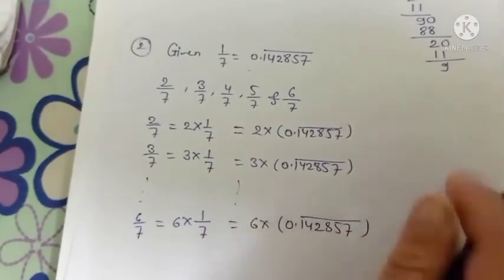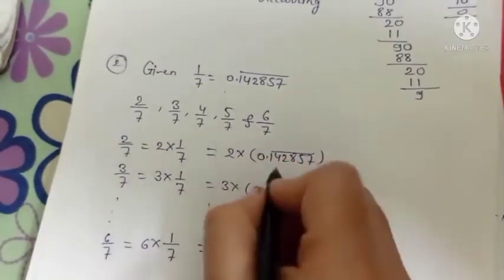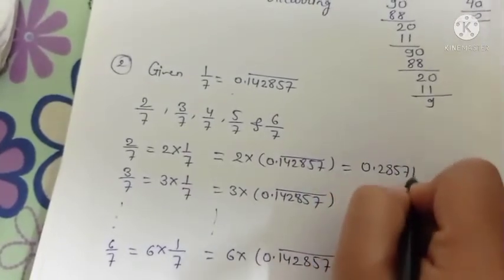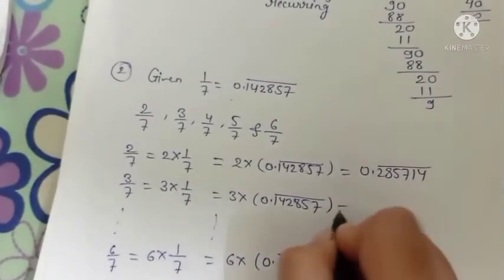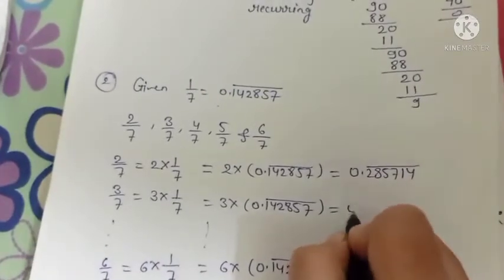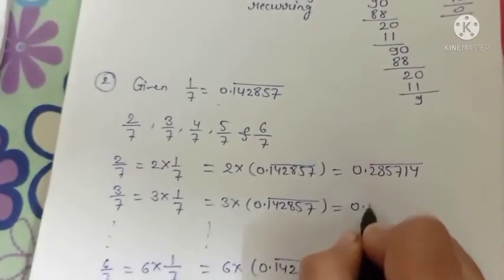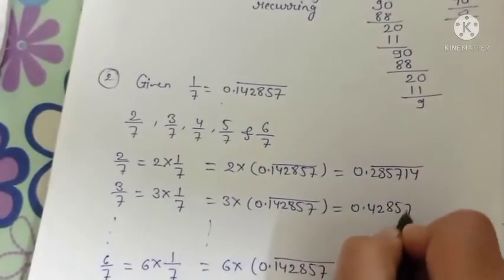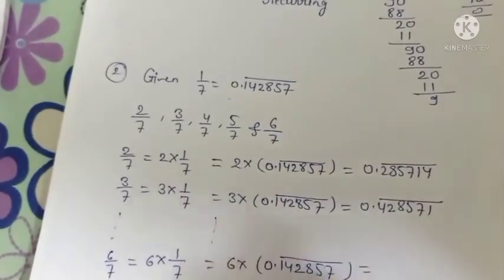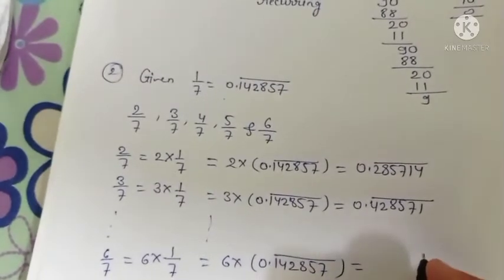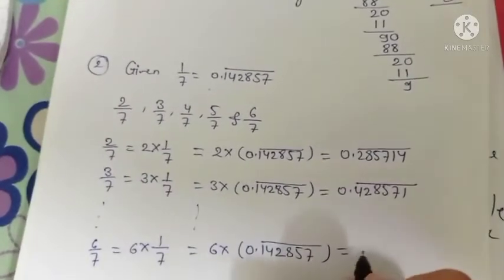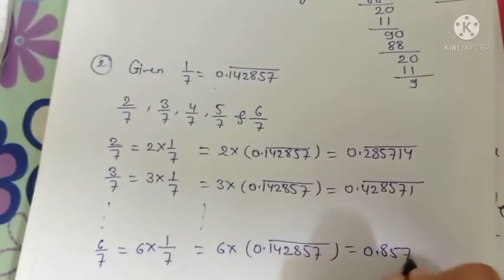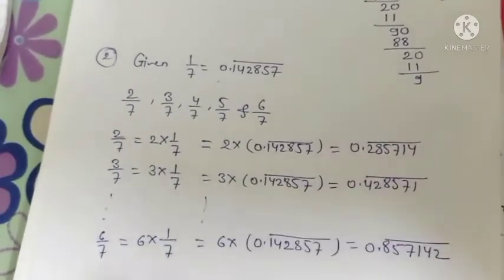And similarly 6 into 0.142857 bar. When we multiply 2 into this, it becomes 0.285714 bar, and 3 into this becomes 0.428571 bar, and 6 into this term becomes 0.857142 bar.